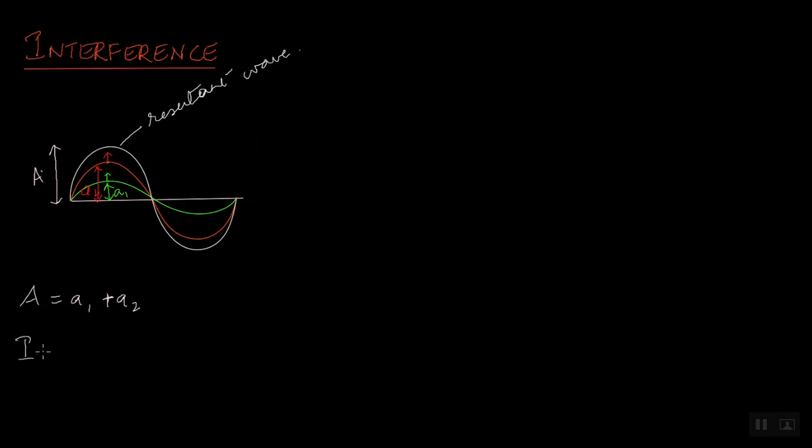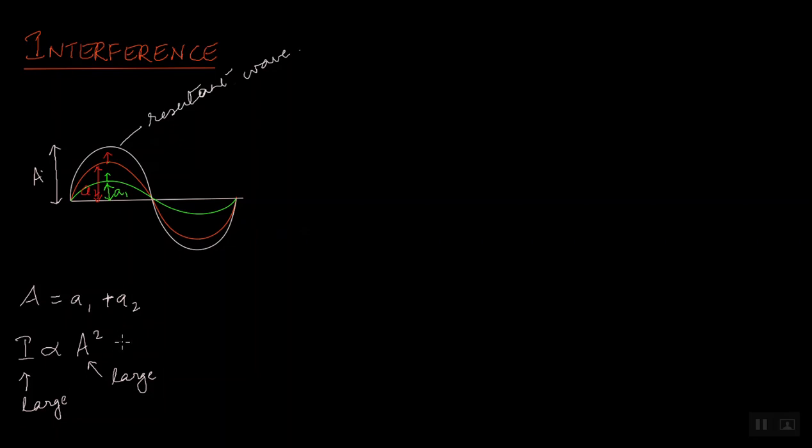We know that intensity is proportional to the amplitude square, and since A is large, the intensity also will be large. What do you mean by intensity large? You know intensity, right? If you have a bulb of 10 watt and a bulb of 100 watt, which one is brighter?